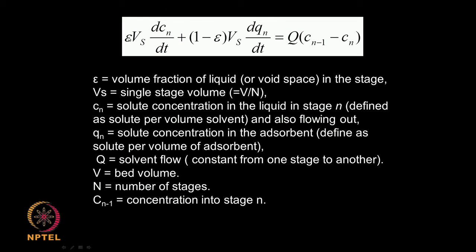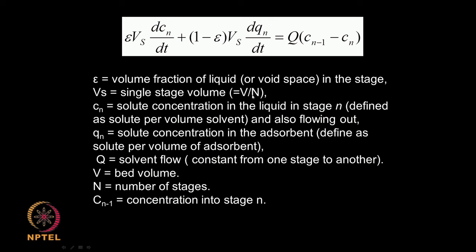And epsilon is the porosity or the voidage. So, epsilon is the volume fraction of the liquid. So, (1 minus epsilon) Vs is the volume of the solid, and epsilon times Vs, where Vs is the volume of the stage, will be the volume of the liquid. So, Vs is given by the total volume of the entire chromatographic column divided by N.